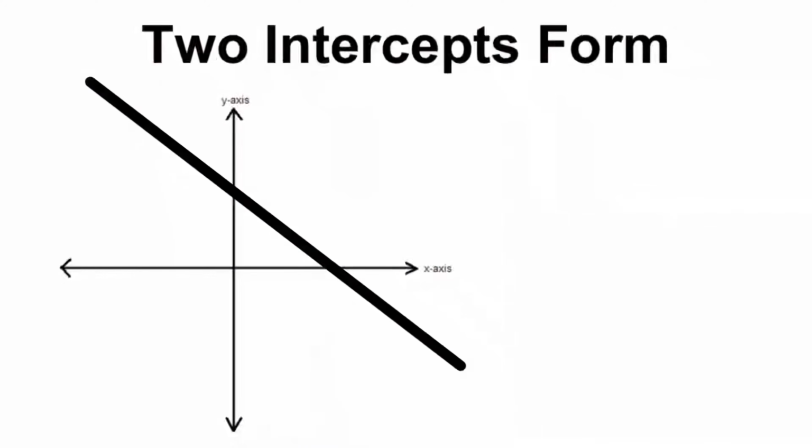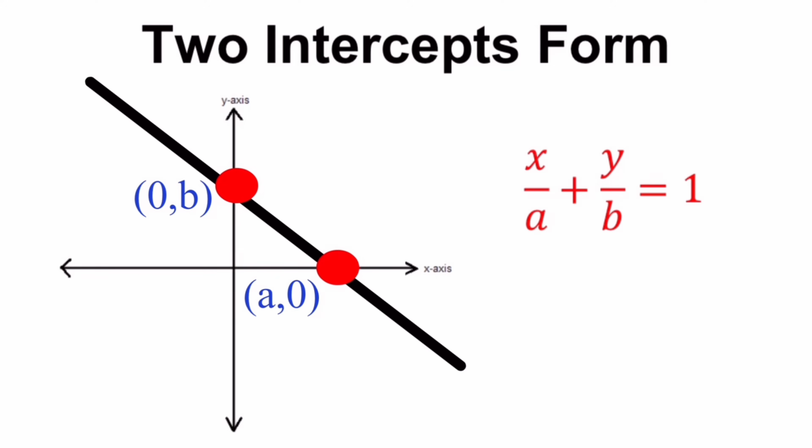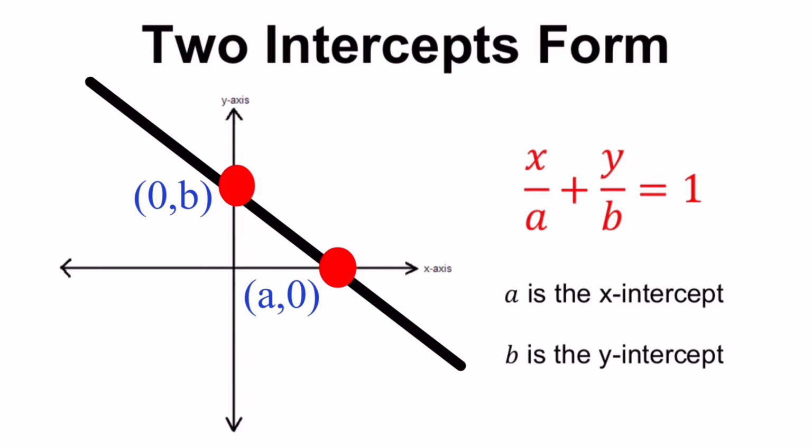So if we are given two intercepts of the line, that is (0, b), which is our y-intercept, and (a, 0) as our x-intercept, we can use the formula x over a plus y over b equals 1, where again a is the x-intercept and b is the y-intercept. This is called the two-intercept form of a line or the double-intercept form of a line.